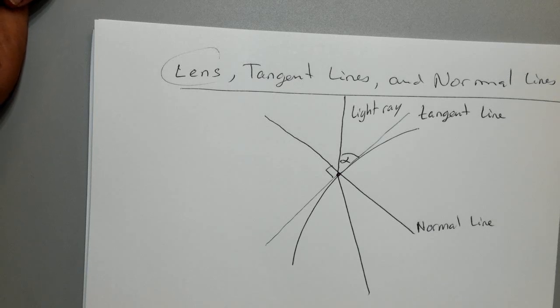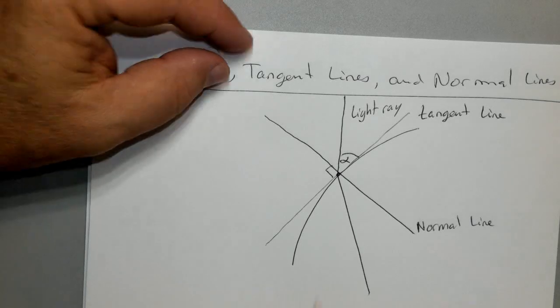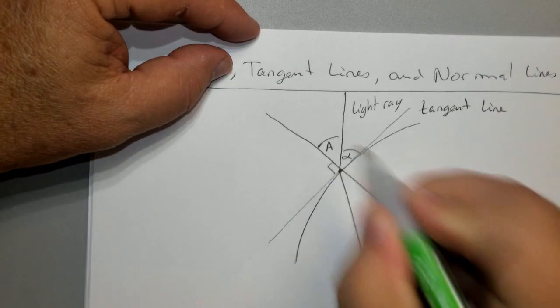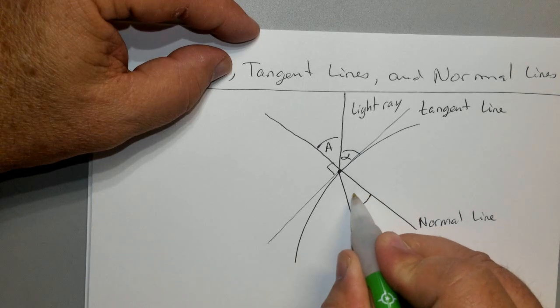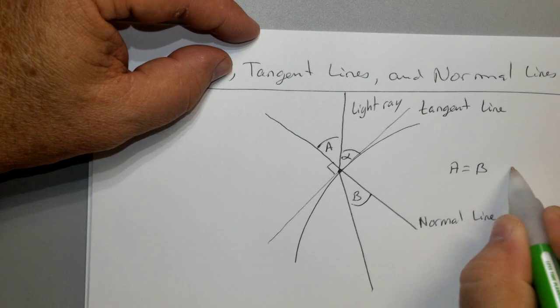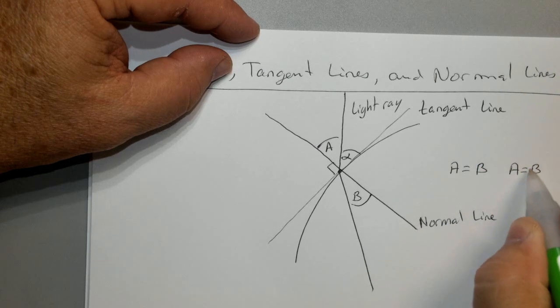Why does it bend? From the normal line. Does A equal B or does A not equal B?